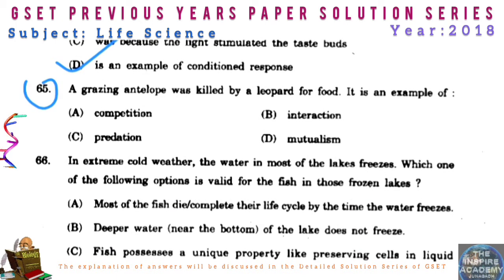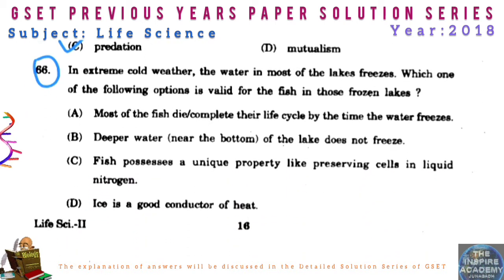Question number 65. A grazing antelope was killed by a leopard for food. It is an example of predation. Question number 66. In extreme cold weather, the water in most of the lakes freezes. Which one of the following options is valid for the fish in those frozen lakes? Option B, deeper water near the bottom of the lake does not freeze.